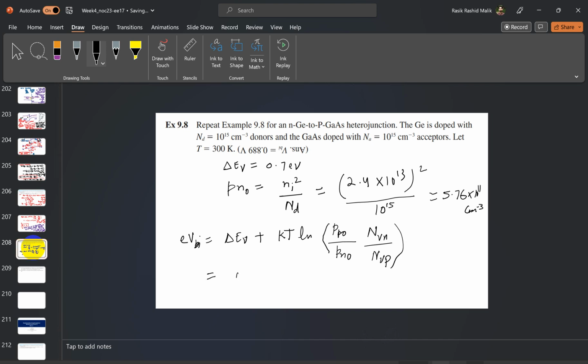So that is equivalent to 0.7 plus 0.0259 ln of 10 to the power 15, and this minority carrier we have already calculated, 10 to the power 11, into these values we know are constants for the two materials.